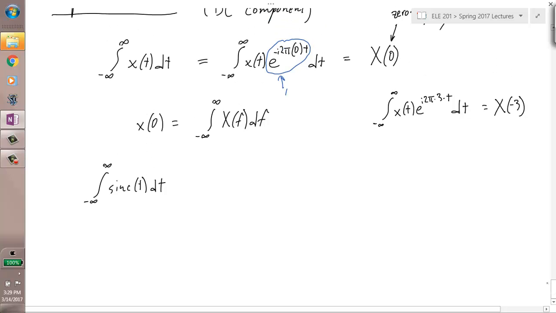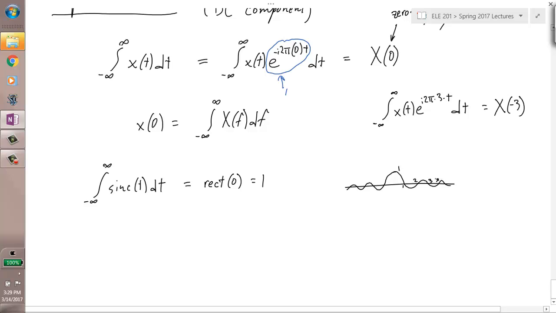Rect is easy to integrate, so we could establish that Fourier transform relationship, and now we know all sorts of interesting things about this strange sinc function. In particular, that integral is going to be rect at 0, which equals 1. So we know that this sinc function, which was already nice because it crossed 0 at every integer, had a height of 1, and crossed at 1, 2, 3, 4.